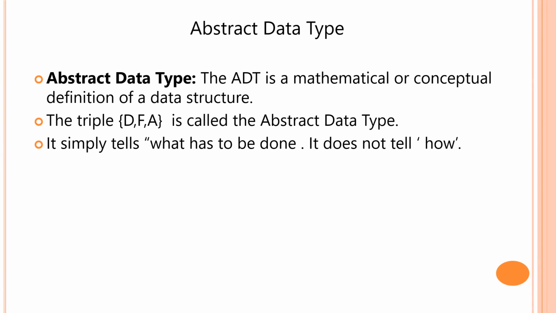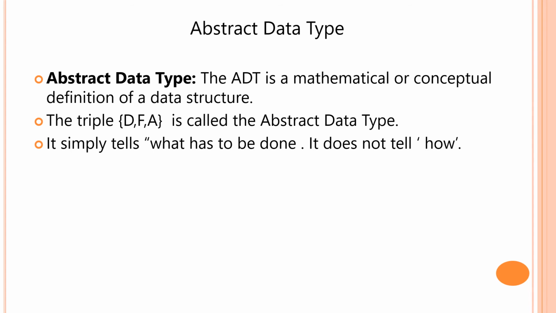Abstract data type. It is also abbreviated as ADT. The ADT is a mathematical or conceptual definition of a data structure. The triple D, F, A is called the abstract data type, where D is the set of data objects, F is the set of operations, and A is the properties and rules of those operations. Altogether they form an abstract data type.